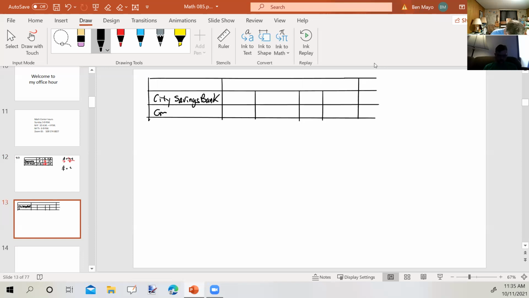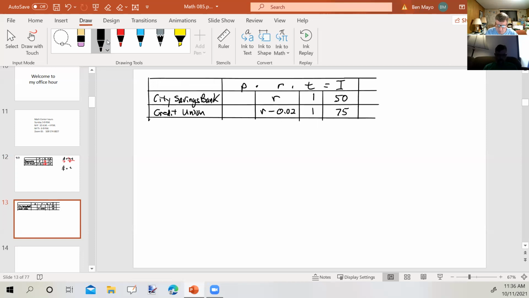And this says credit union. And we have P times R times T equals I. And we have an R here, an R minus 0.02 there, a 1 there, and a 1 there, and a 50 there, and a 75 there.